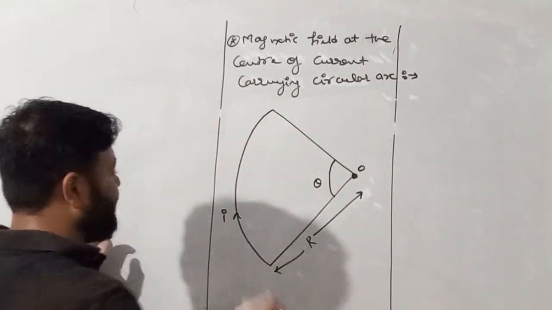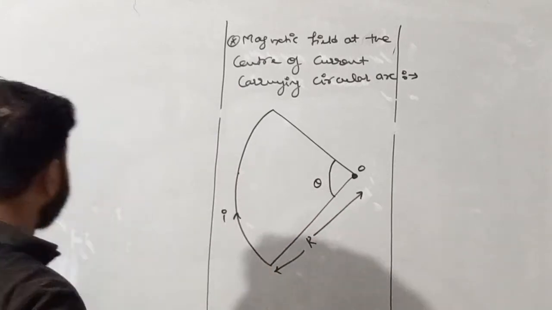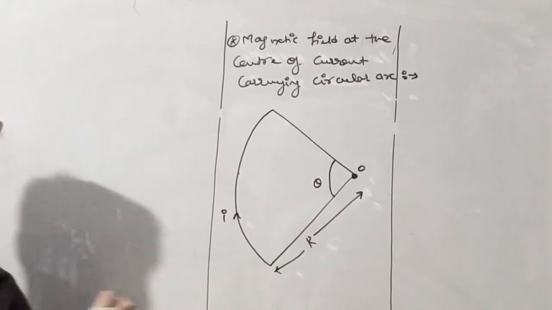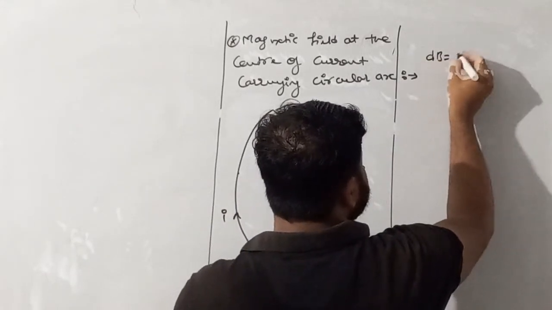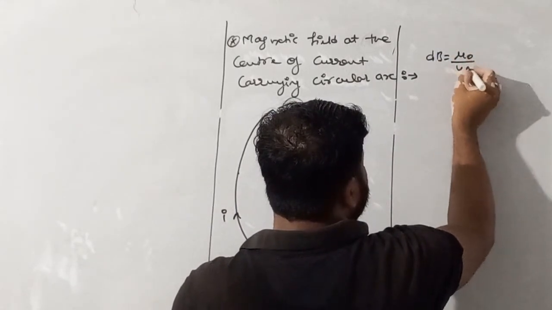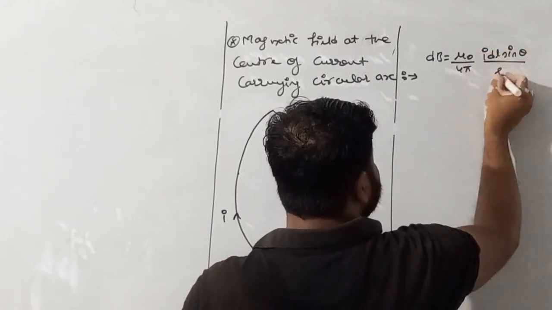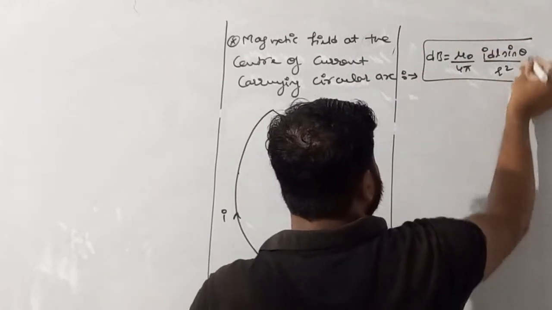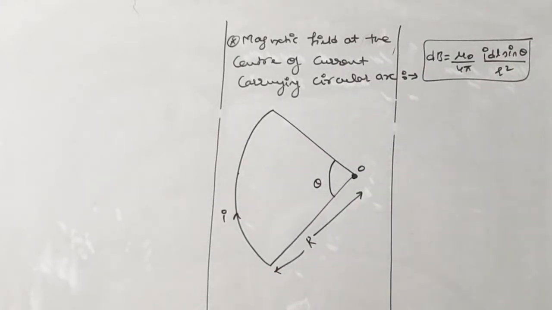So first of all, by Biot-Savart law, we are all aware of the formula. According to Biot-Savart law, dB is nothing but mu naught upon 4 pi, I dl sin theta upon r square, as r is the perpendicular distance from current element to the point where we want to find magnetic field.